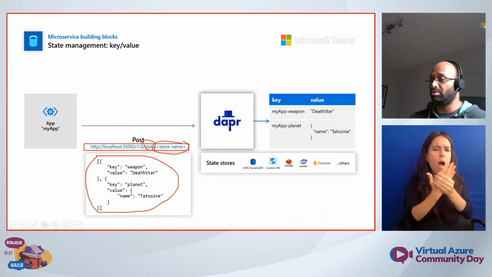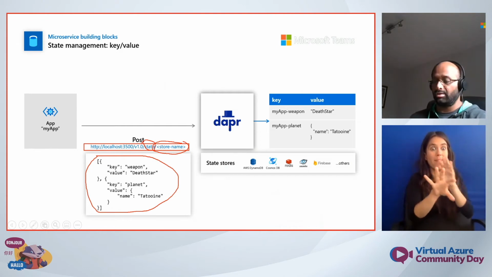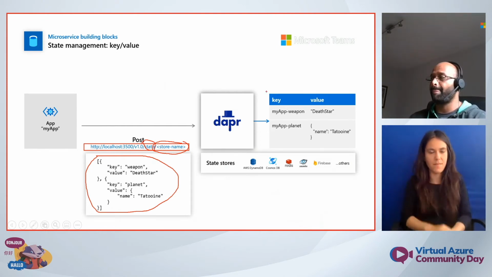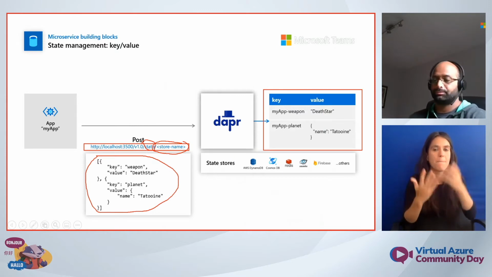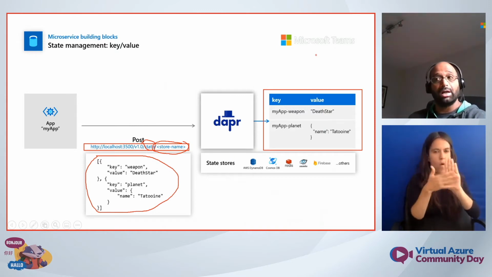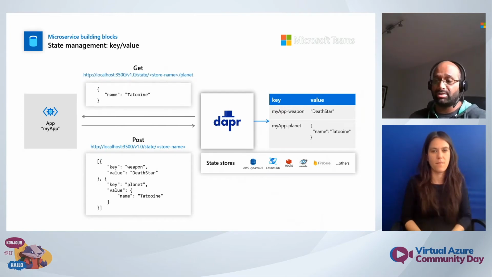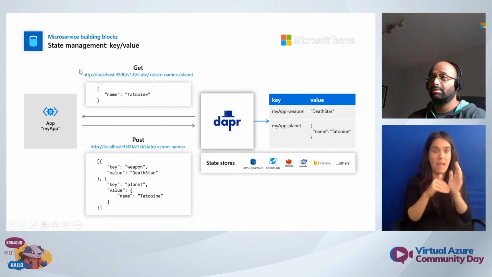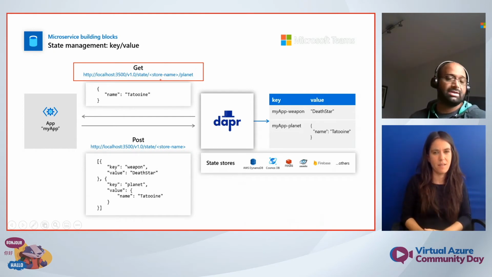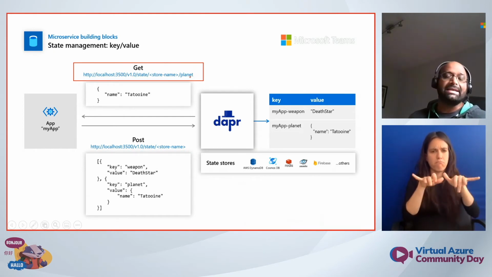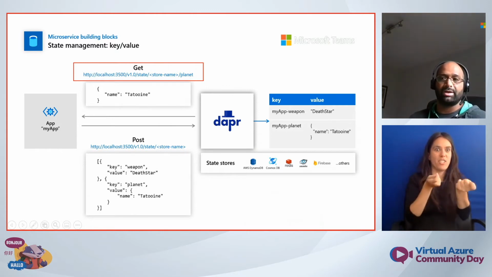Let's suppose I have chosen Redis, and it will store the value like this. Next time, when I want to retrieve this value, I will again make an HTTP GET request like this, and I will access it by using the key. So you can see how simple state management is provided by Dapr.